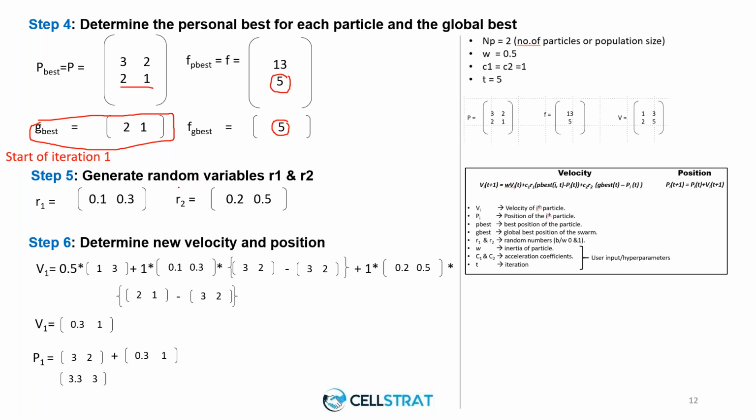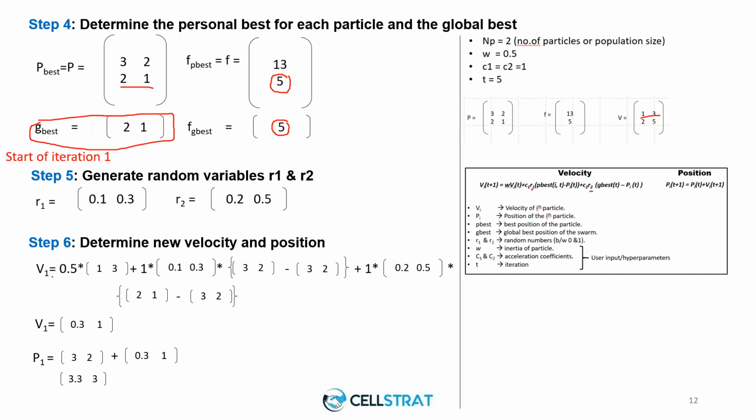We generate the random values r1 and r2, which are required to calculate the velocity, and then we plug these values into this equation. Here you can see 0.5 is the inertia value, and 1 3 is the velocity of the first particle.